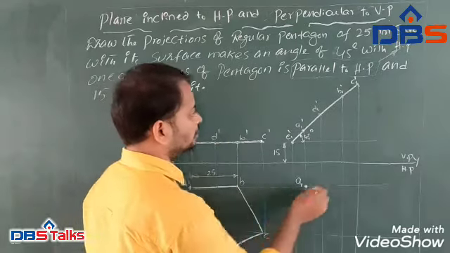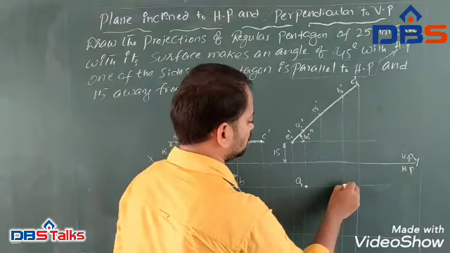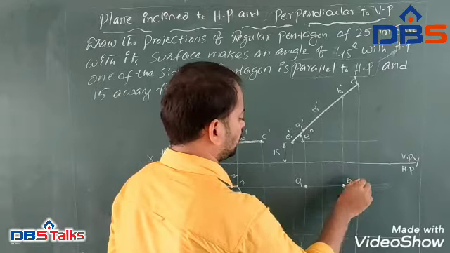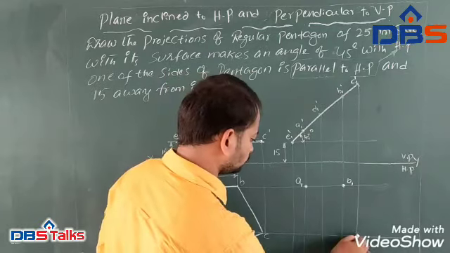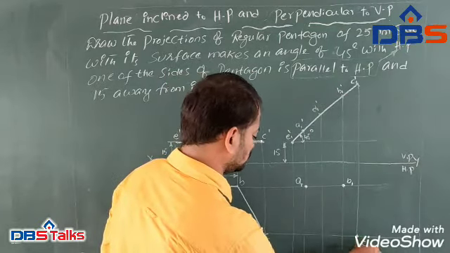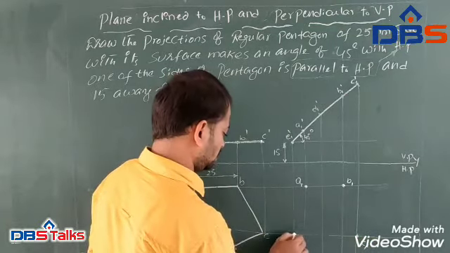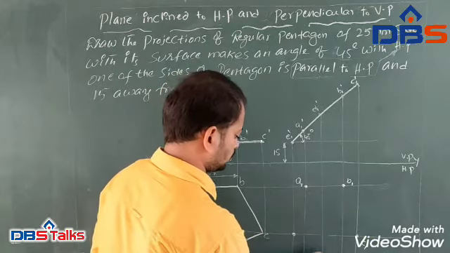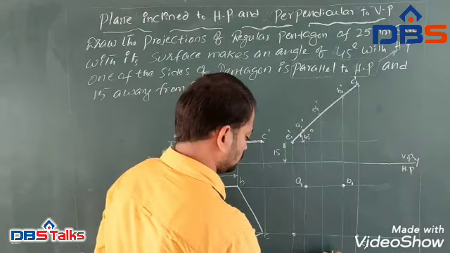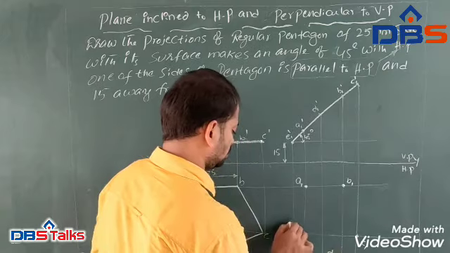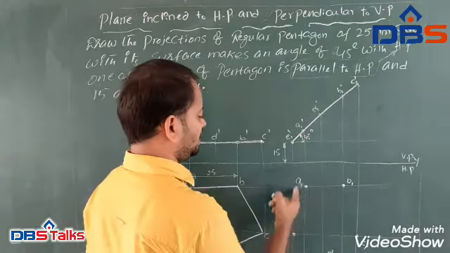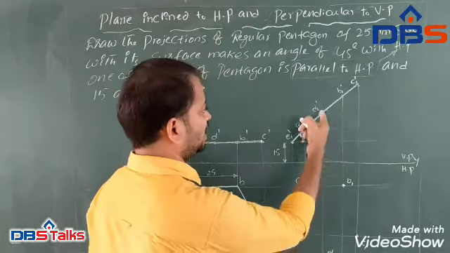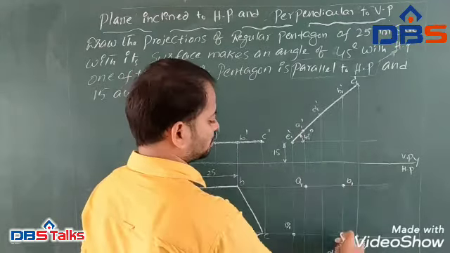In the same way, B, here also B1. Next, C, C1. Next, D, D1, and this is E1. Correspondingly A1 dash, D1 dash, B1 dash, C1 dash.